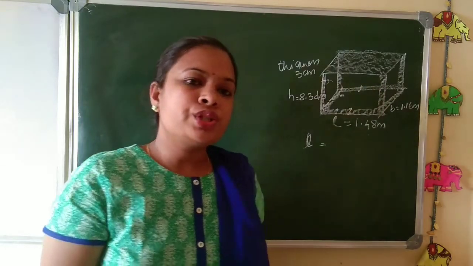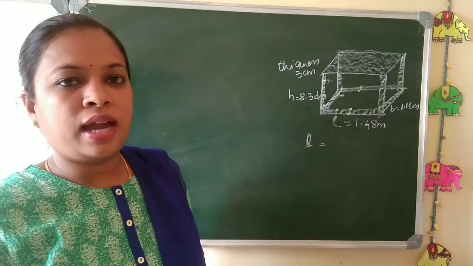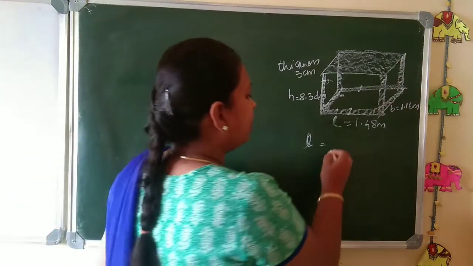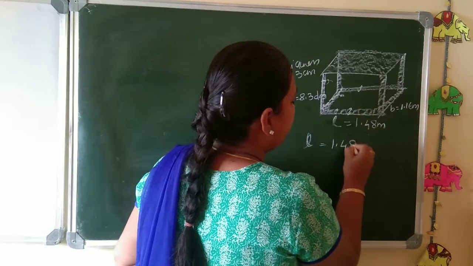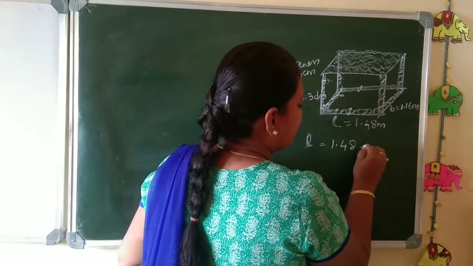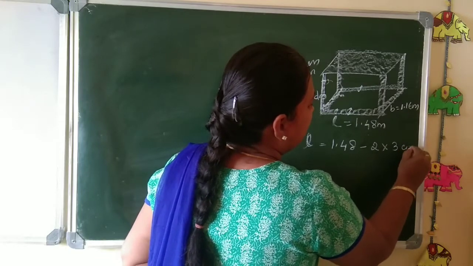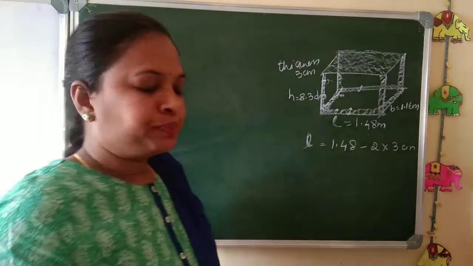So now what you need to do is subtract that 3 centimeters from both the sides. So it will be 1.48 m minus twice 3 centimeters.